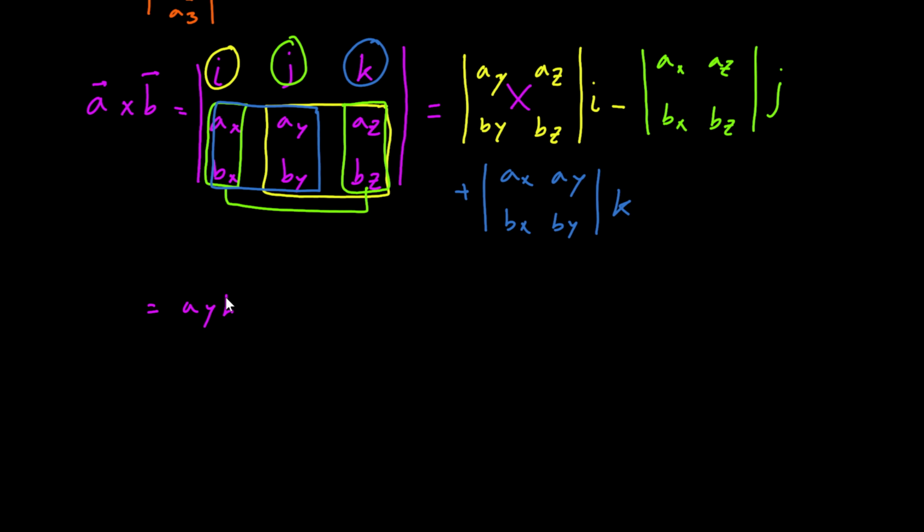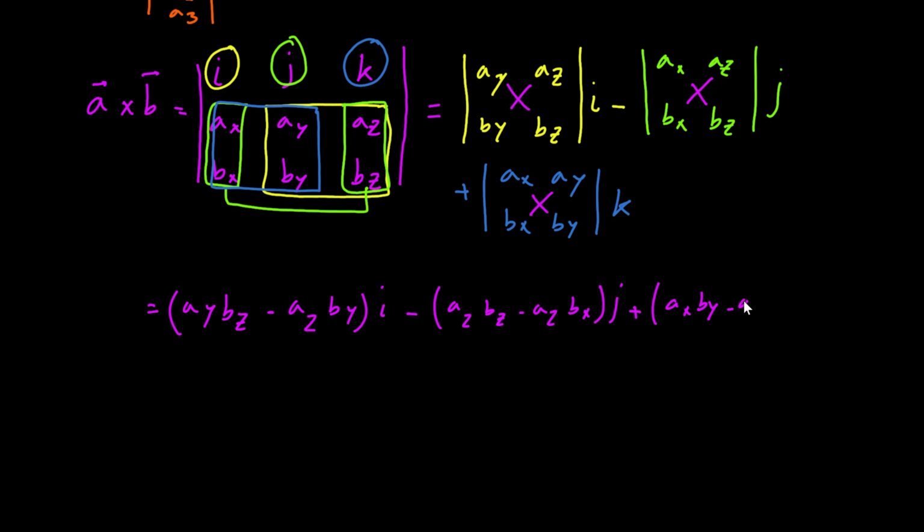So AYBZ minus AZBY by I minus AXBZ minus AZBX by J, plus AXBY minus AYBX by K. And that is the result of the cross product.